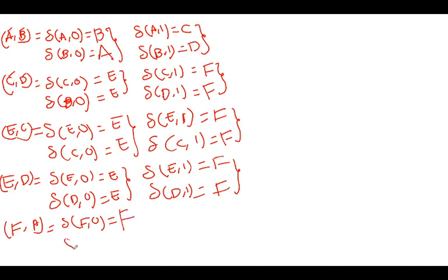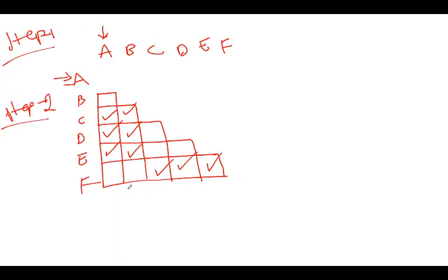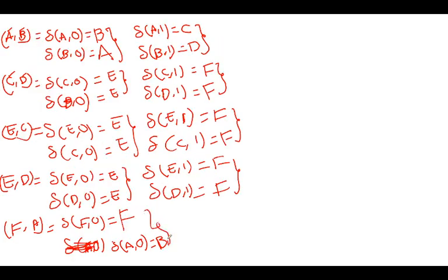Now transition of A comma 0, sorry, I write it once again. A of 0, which I already wrote, is B. Now check, FB is unmarked, so skip this.